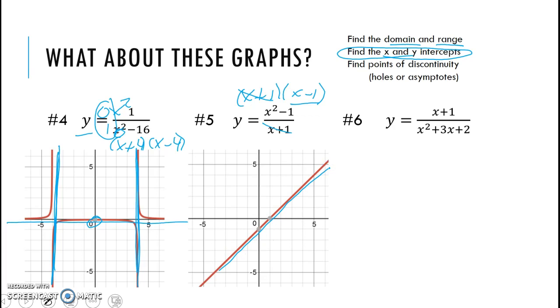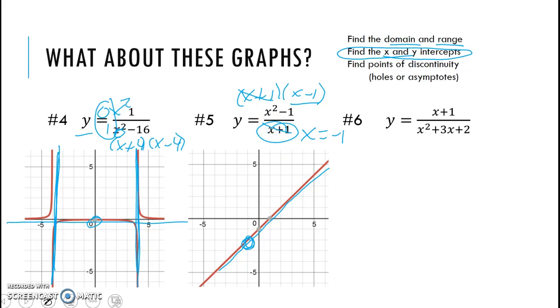Except there's going to be a hole at x equals negative 1 right here. You can't see it on the graph, but that's where the hole exists, because we know that x cannot equal negative 1. We can find the x and the y-intercepts by letting the other one be 0. There aren't any asymptotes in this situation because there's just a hole where the denominator is equal to 0.